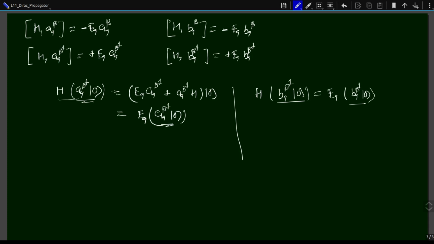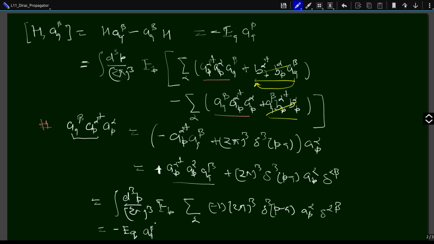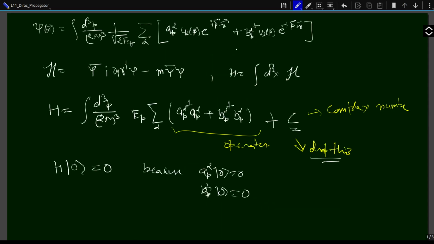So this is about the Hamiltonian. Before moving on, since we have this relationship, we can immediately say something about the Schrodinger picture that we started with. This is my psi.